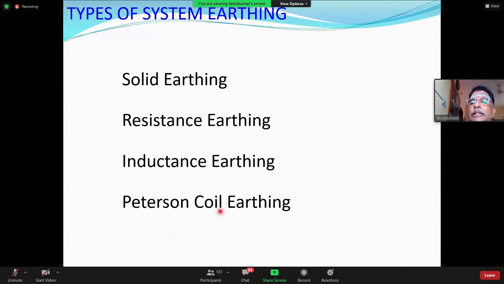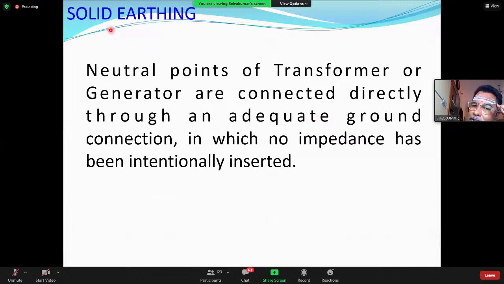Now, what do you mean by solid earthing? Solid earthing means, as the name itself suggests, the neutral point of the transformer or generator is connected directly through an adequate ground connection. That means the connection is very solid, in the sense there is no impedance, no resistance intentionally inserted in the neutral to ground path.